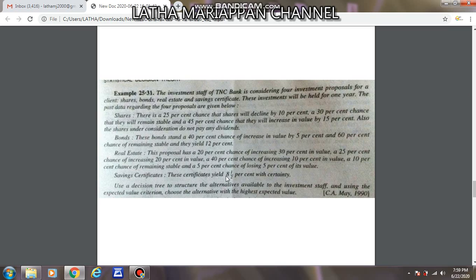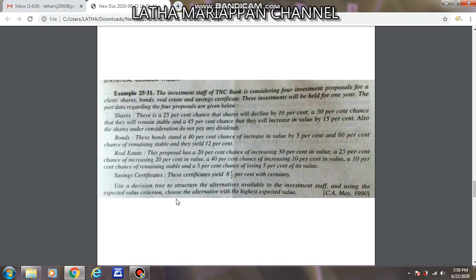Saving certificate they said 8% with certainty. Okay, 100%. Use a decision tree to structure the alternatives available to the investment staff and use the expected value criteria. Choose the alternative with the best expected value.